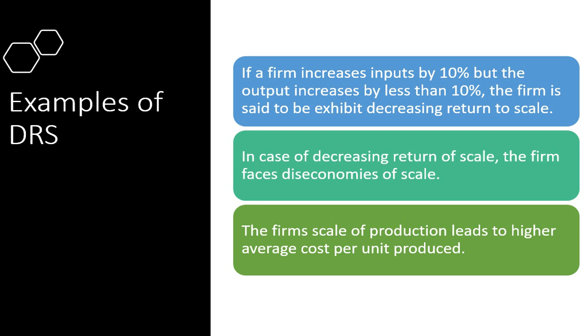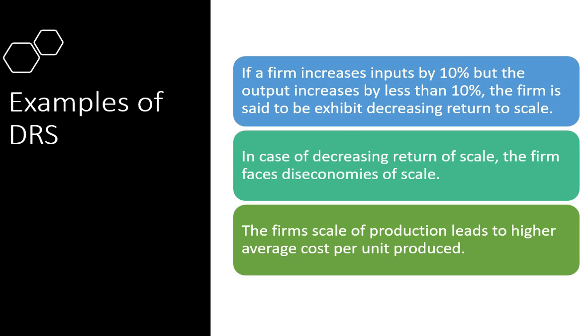Now let's discuss the example of decreasing return to scale. If a firm increases input by 10% but the output increases by less than 10%, the firm is said to exhibit decreasing return to scale. In case of decreasing return to scale, the firm faces diseconomies of scale.